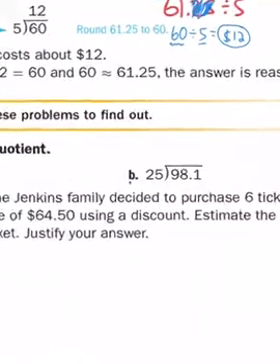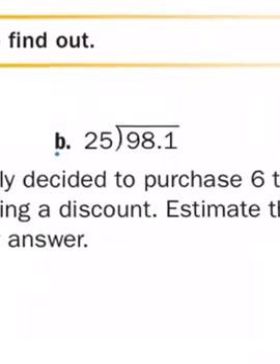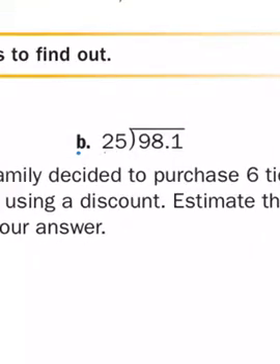Now in B, I'm not going to change 25 because I think of dividing by 25s as like quarters, 25 cents. So what I do want to change is the 98.1. If you think of the numbers that 25 is compatible with, it's just counting by 25s: 25, 50, 75, 100, 125, etc. So the closest thing to 98.1 would be 100.